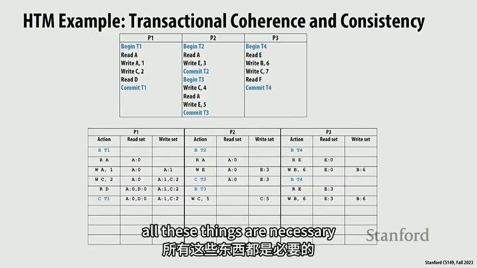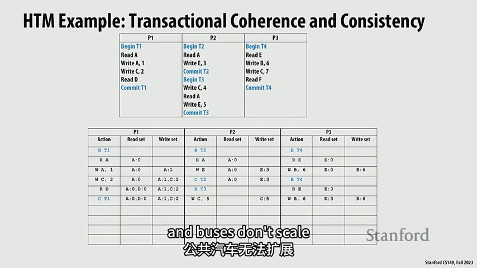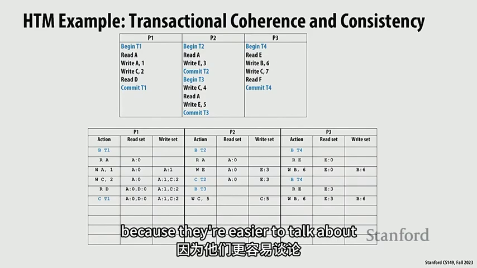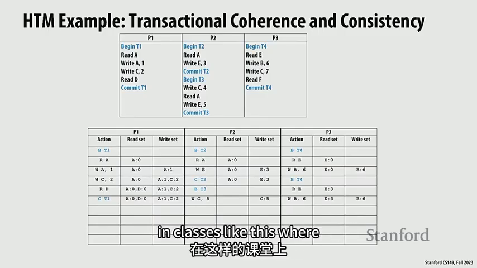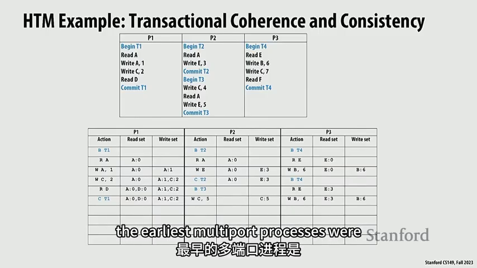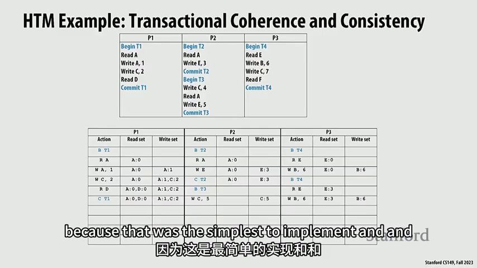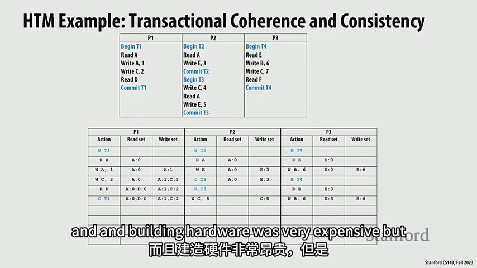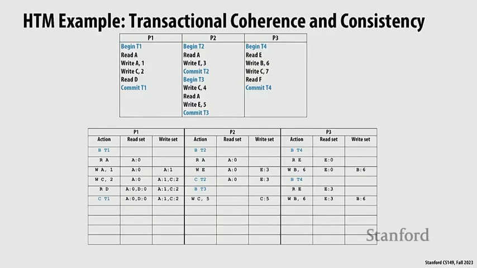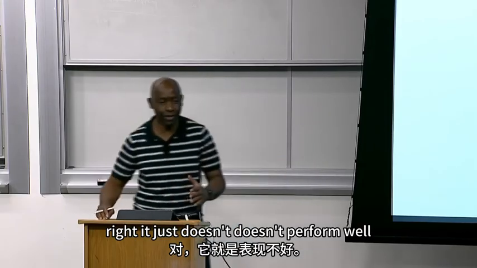All of these things are necessary if you want scalable performance, and buses don't scale. We only think about buses because they're easier to talk about in classes like this. If you go back in time, yes, the earliest multiprocessors were in fact bus-based, because that was the simplest to implement and building hardware was very expensive. But today, nobody builds anything with a bus. It just doesn't perform well.